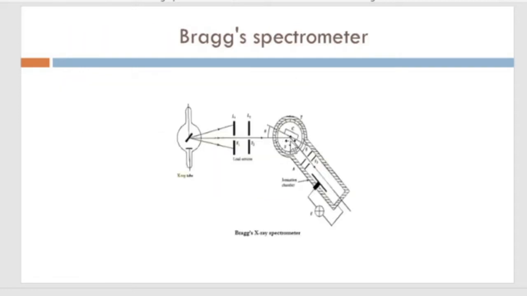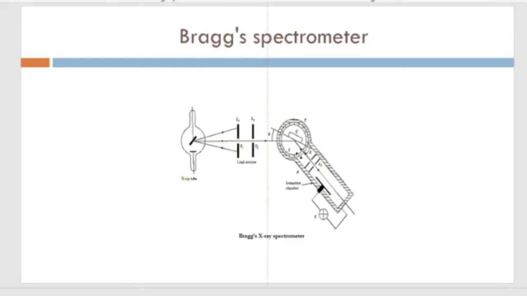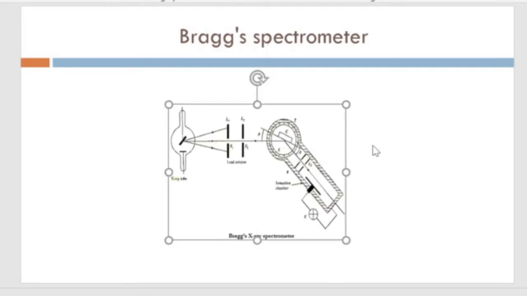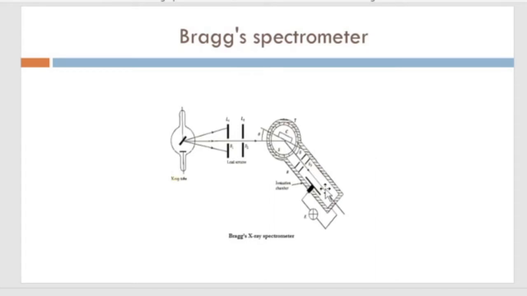After the diffraction, the X-rays are emitted in all possible directions, but only certain very high intensity X-rays pass through the ionization chamber. Whenever the X-rays enter this ionization chamber, which contains methyl bromide, the positive and negative ions get separated and enter the circuit.